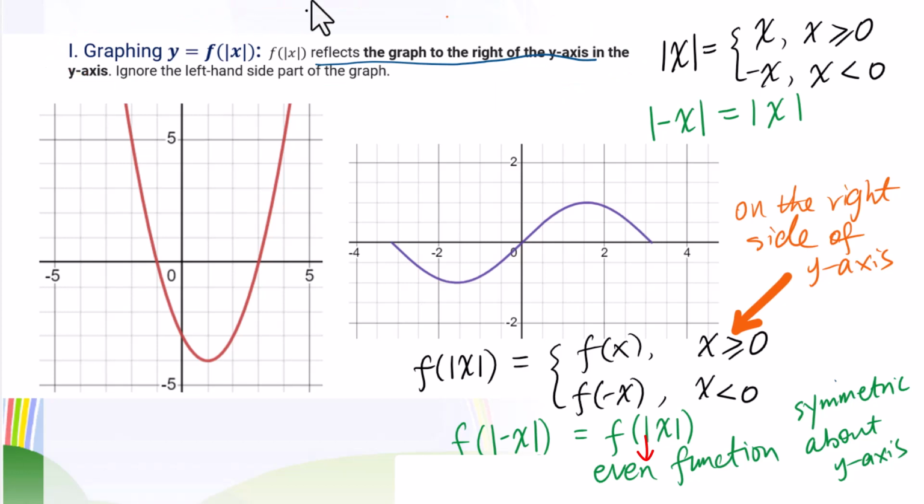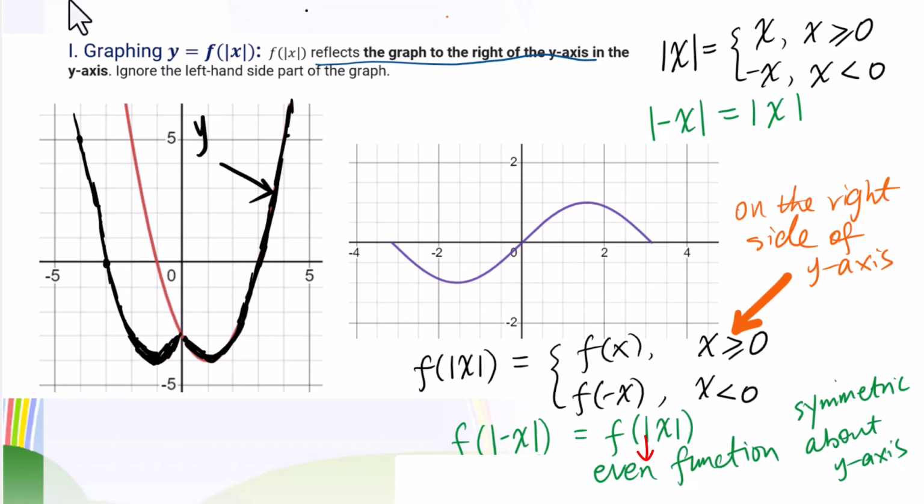So the graph on the right side of the y-axis stays the same. Then reflected about the y-axis. So the graph in black is y equals f of absolute value of x.